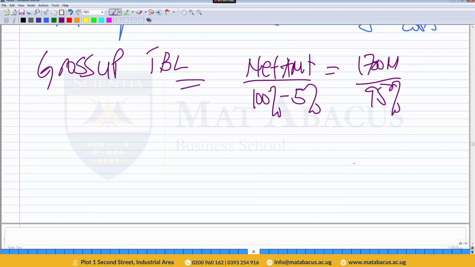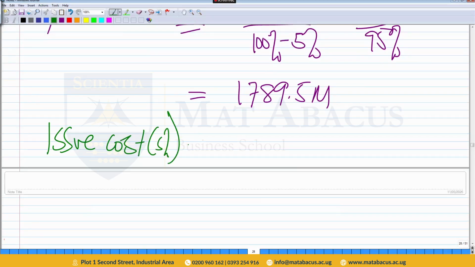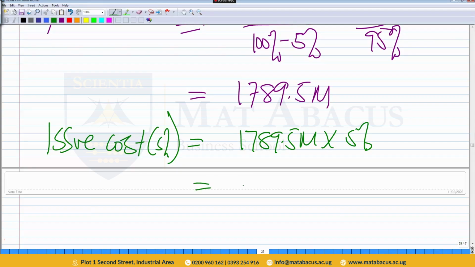When you do that, the gross amount you should have gotten should have been 1789.5 million. Therefore, the issue cost of 5% is on the gross amount, 1789.5 times 5%. Don't make that mistake in the exam.